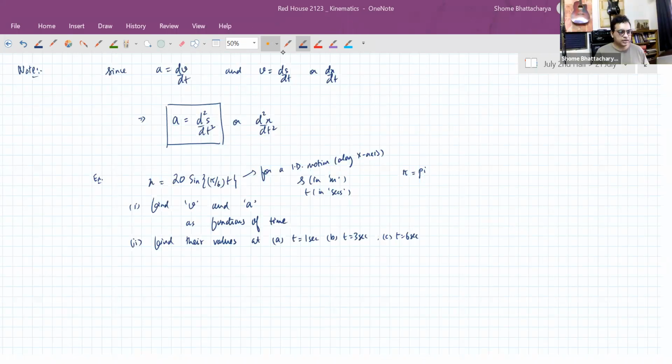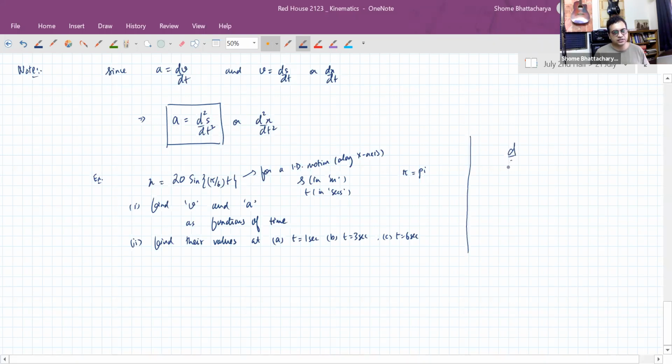Okay, so I'm not getting answers from you, so let's go over this once again. We know that differentiation of sine x is cos x. So therefore, differentiation of sine of, let's say, some constant into x, that will become a cos ax, like this.